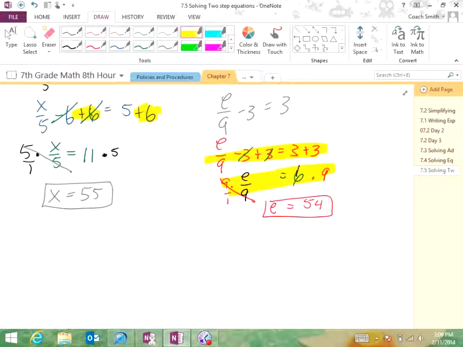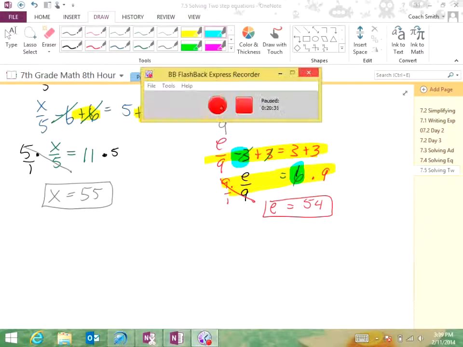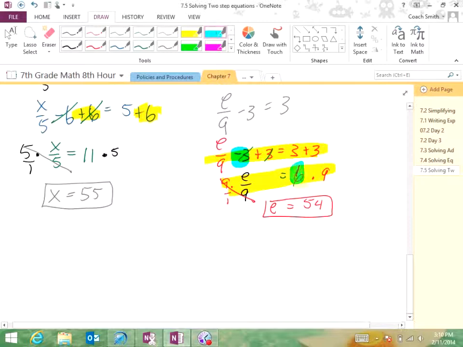Where I got the plus 3 is because of that right there. So that's why I'm plussing 3 to both sides. And so when you get 3 plus 3, you get what? You get 6. So you get that right there. So that's where we got this 6.